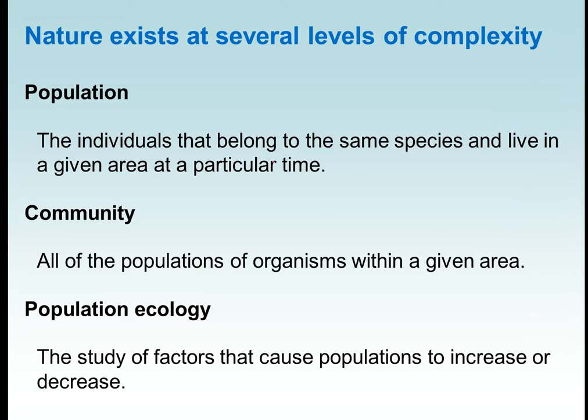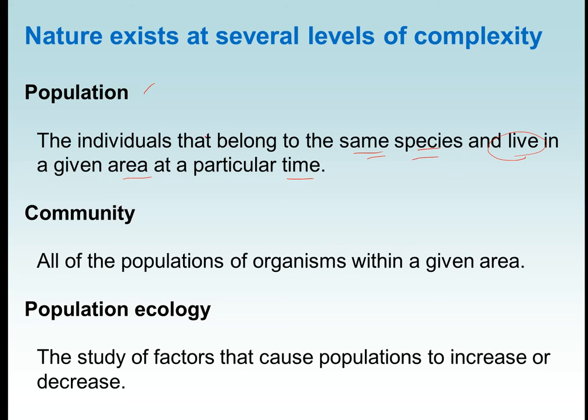Well, let's put some terms in place. The first is going to be, what is a population? The individuals that belong to the same species and live in a given area at a particular time. So that's going to be a population. Okay, just basic definition. What's a community? Remember, we're going up those levels of complexity here. Well, these are all the populations of organisms within a given area.